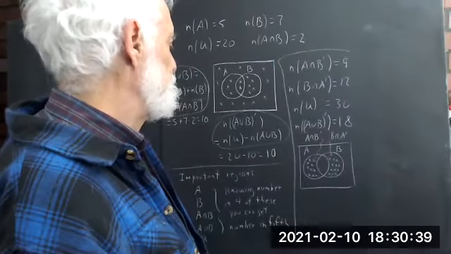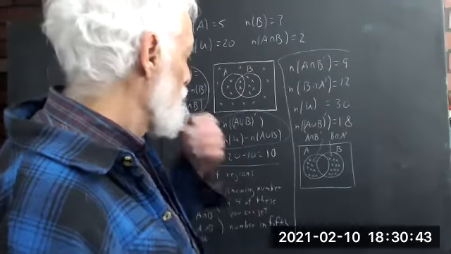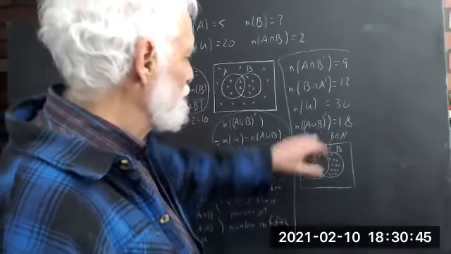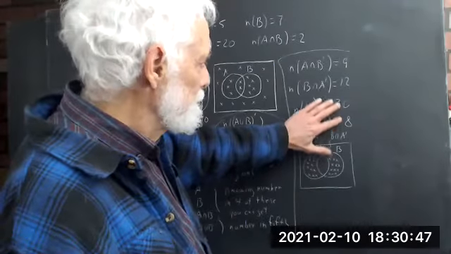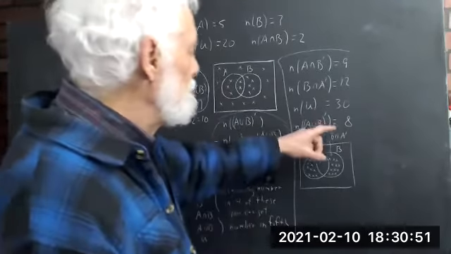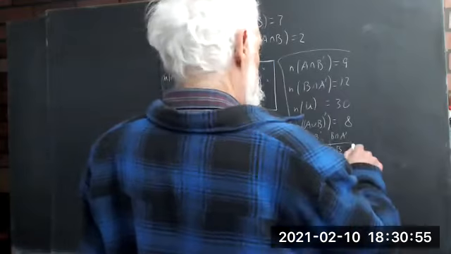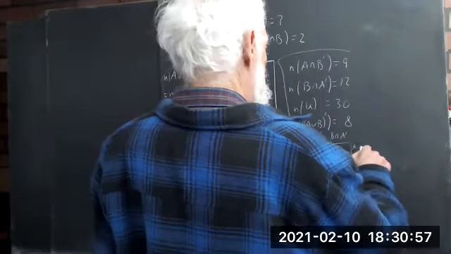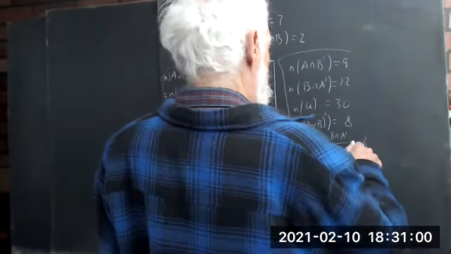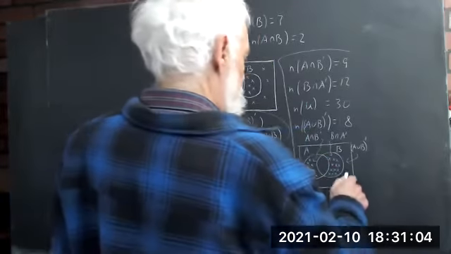Now the number has to be small enough. A union B quantity prime is this region out here, and there are 8 in this region.